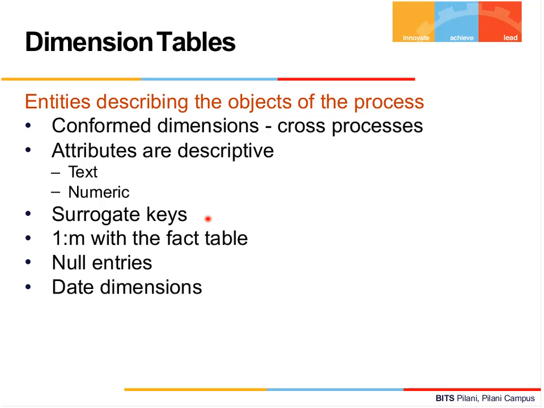So surrogate keys are artificial keys that stay within the data warehouse. They don't have any meaning. They're just introduced by the data warehouse designers. But for every surrogate key, there is a matching natural key. So let us say I am searching, what are my sales in District 1 of Southern region in India.